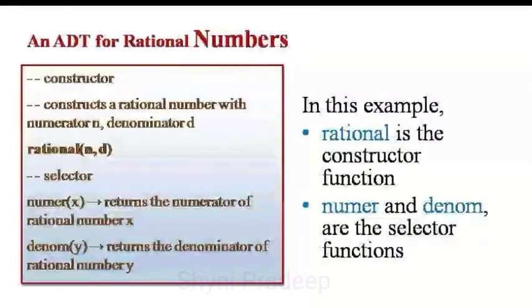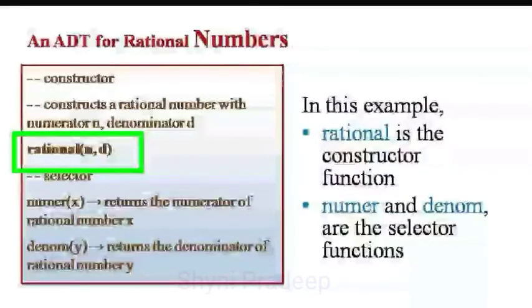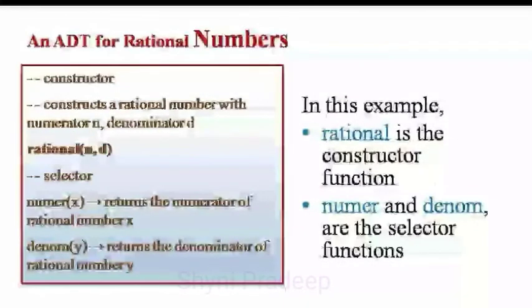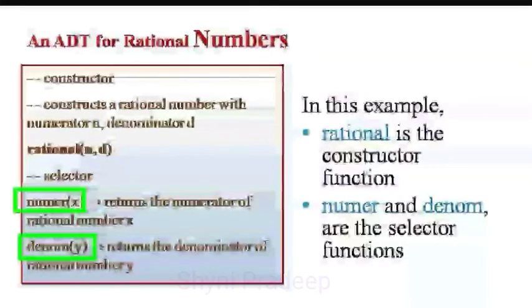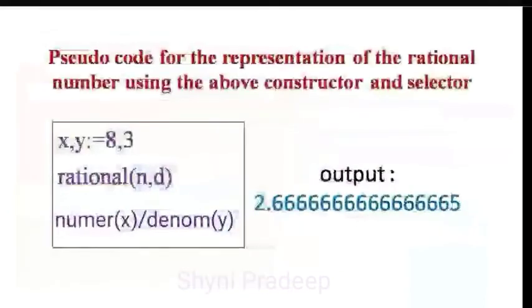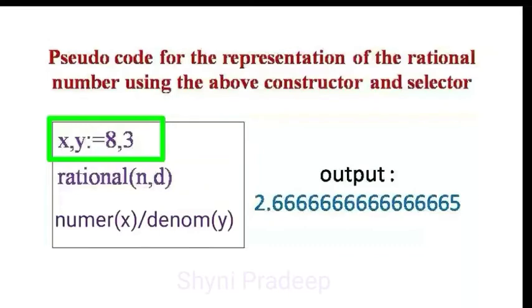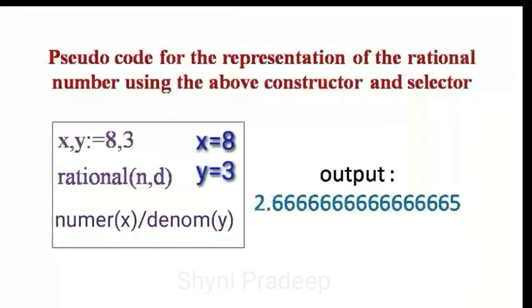Here we are taking the constructor function rational and the selector functions numerator and denominator. Here write the values 8 and 3: x, y equal to 8, 3. So here the value 8 is stored in x, the value 3 is stored in y.